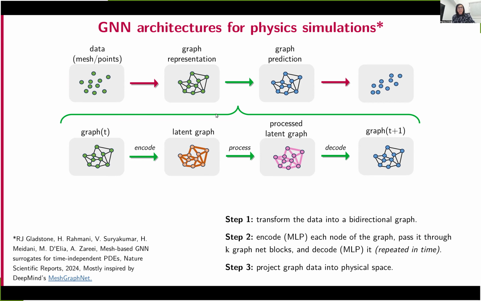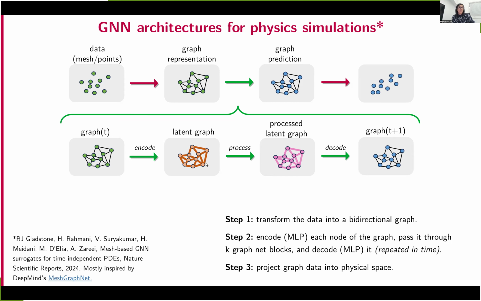At the processing stage, where we actually do inference, there are three fundamental steps: encoding, processing, and decoding. The encoder is applied to every element of the graph, node and edge, and it projects every component of the graph into latent space.